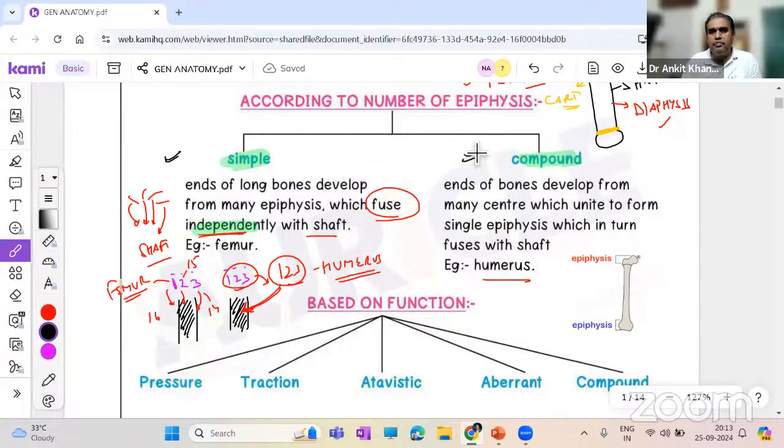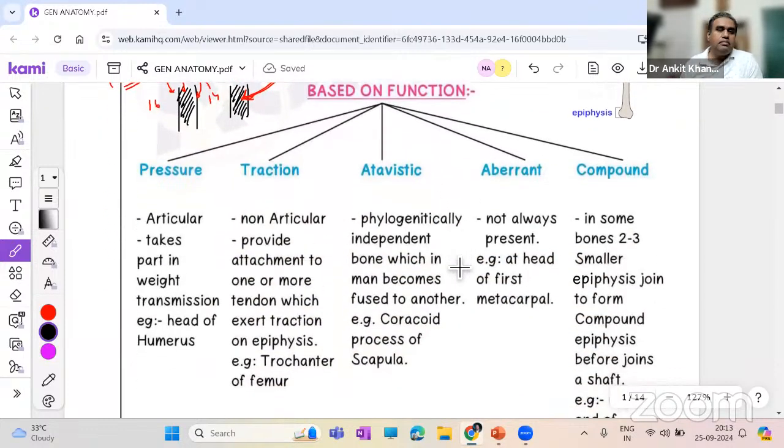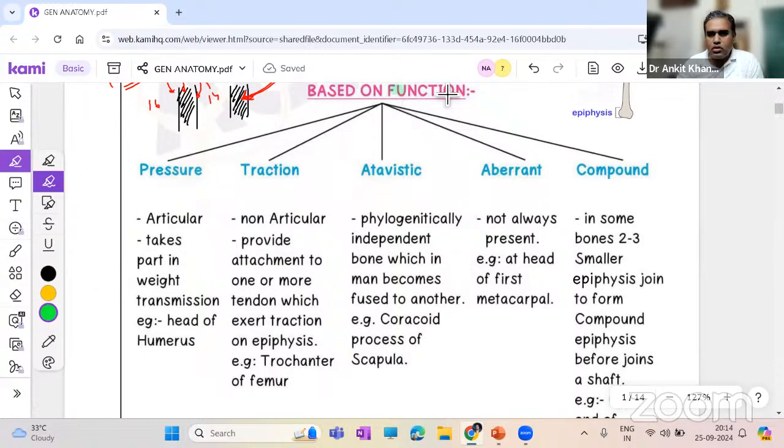Just to begin with. Now, more important or more famous than this classification of epiphysis is another classification that is coming over here, from where the majority of your questions will come. That is the classification which is based on the function of the epiphysis.